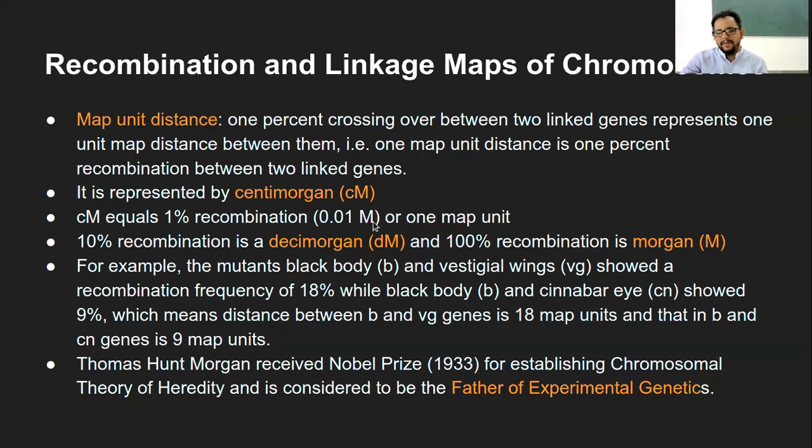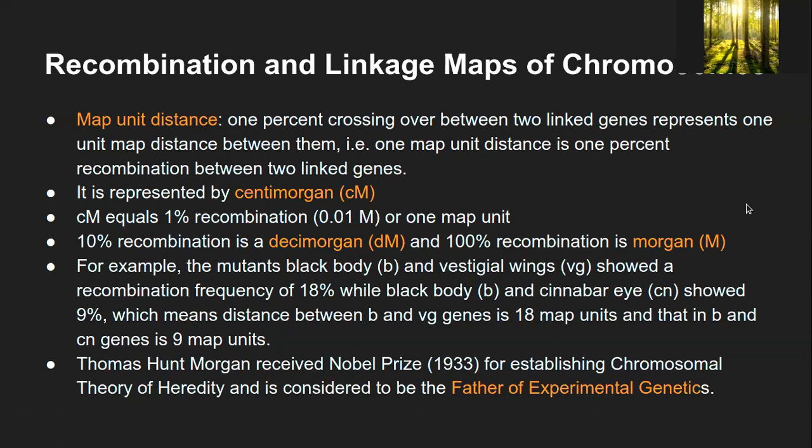That type of conversion can also be asked here. Now, 1 Morgan, which is 100% recombination, that means there is no linkage at all. No, there will be linkage, but you are not sure if that linkage is a complete linkage.